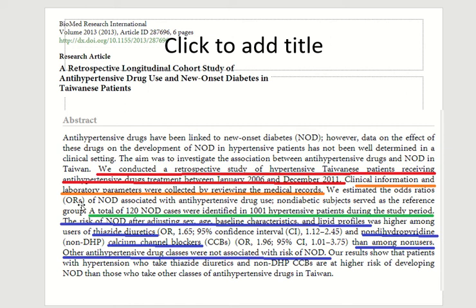A total of 120 cases were identified in 1,001 hypertensive patients during the study period. The risk, now notice, though they're talking about odds ratio, here they started talking about risk, and we know if you're calculating an odds ratio, you're not supposed to say risk. However, I told you that a lot of the time people are going to calculate an odds ratio and interpret it as a risk, which is not always true.